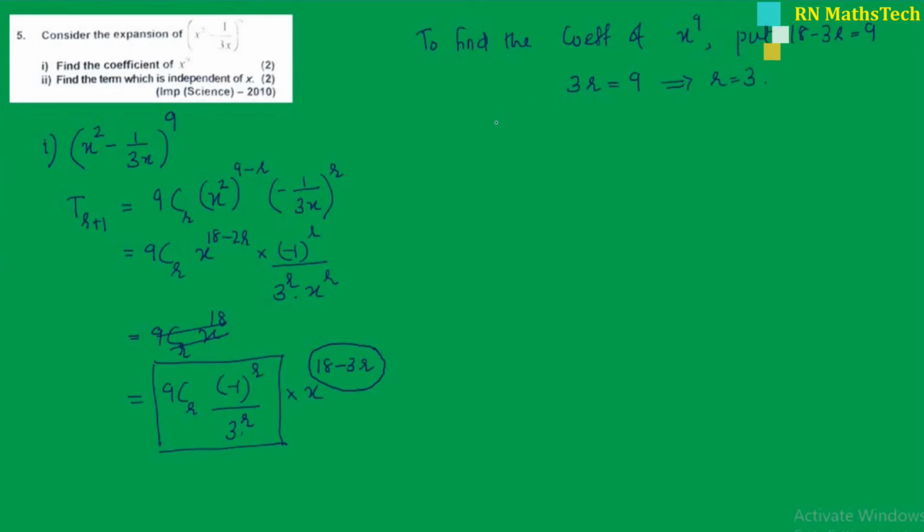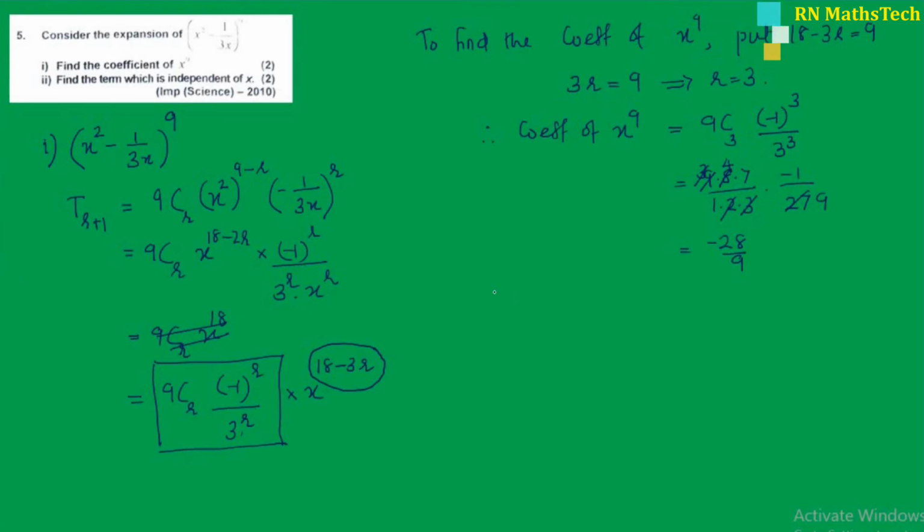So when r = 3, the coefficient of x⁹ is 9C3 × (−1)³/3³. 9C3 is (9×8×7)/(1×2×3), times −1/27. Cancelling, 2 into 8 gives 4, 3 into 3 gives... so we get −28/9. The coefficient of x⁹ is −28/9.